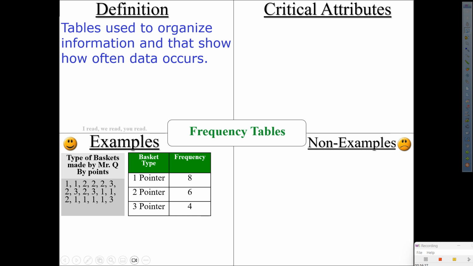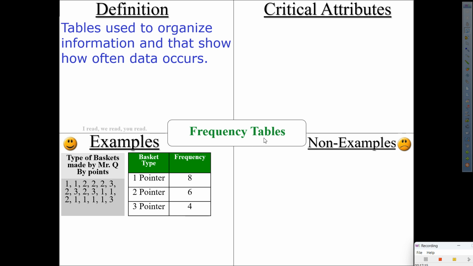All right, copy that, please. Copy that on your notes. Once again, according to the definition, it says tables used to organize information that show how often data occurs. Does this one show how often data occurs? Yes, that's called what? Frequency.